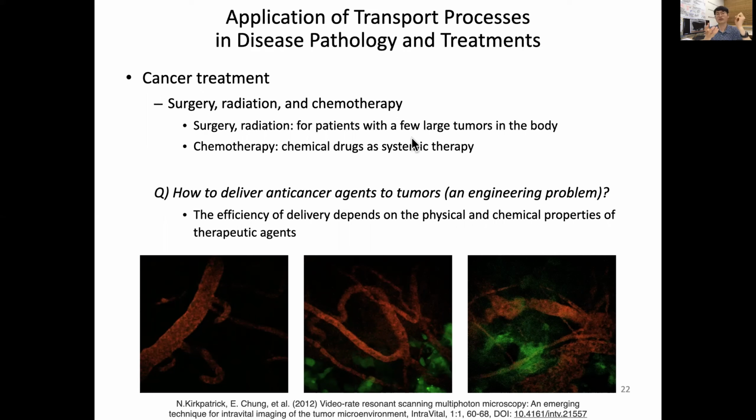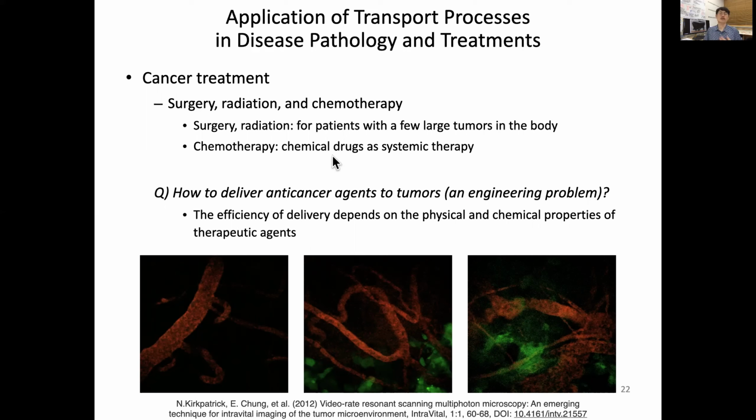Or after surgery, we try to kill the remnant tumor using radiation. But those may not be complete, and typically it is followed with chemotherapy, a chemical drug which usually targets rapidly proliferating cancer cells, and this is a systemic therapy.